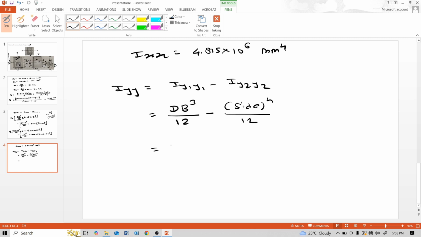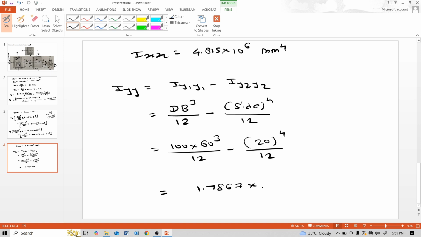So D is 100 multiplied by 60 cube divided by 12 minus side of square, 20 raised to 4, divided by 12. So 100 into 60 cube divided by 12 minus 20 raised to 4 divided by 12 is 1.7867 into 10 raised to 6 mm raised to 4. This is Iyy.